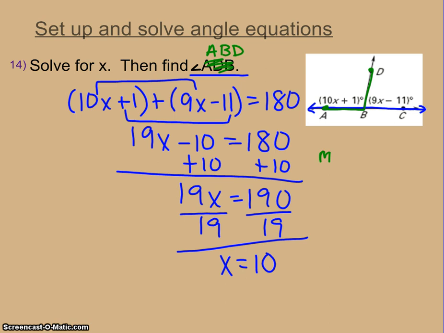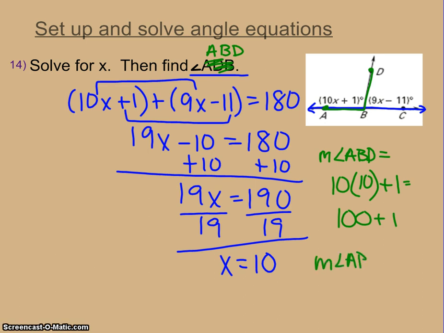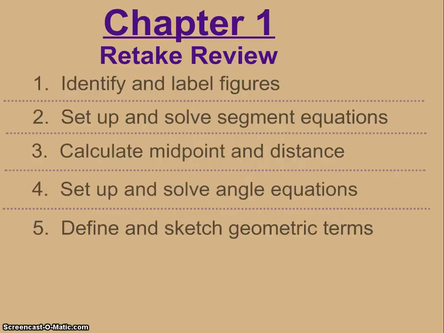So the measure of angle ABD is going to equal 10 times 10 plus 1, which is 100 plus 1. So the measure of angle ABD equals 101 degrees. Make sure we find what we're supposed to and make sure we don't have typos so you guys can find the actual things. Alright, that is the end of this video.